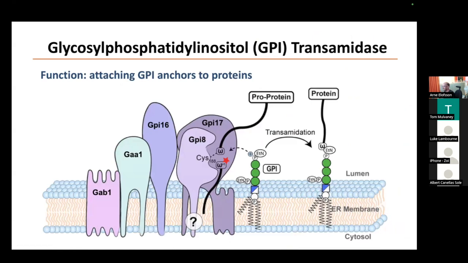This example is a protein complex we were able to identify and model using this pipeline. It is a GPI transamidase. The function of this complex is to attach GPI anchors to proteins. The components in this complex were more or less known, but which pairs would directly interact, and how they would form a complex, wasn't known.